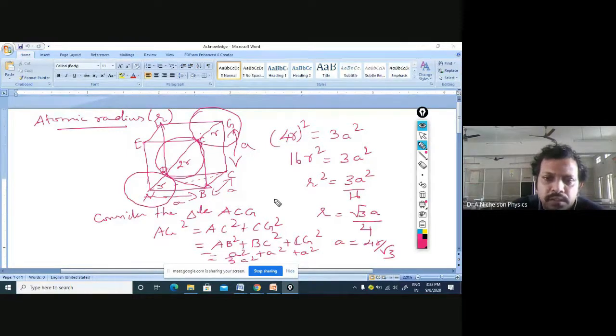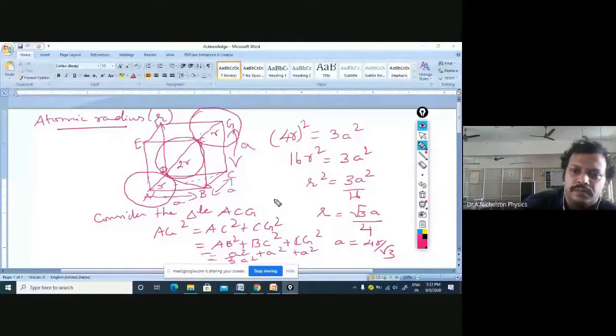Now I am giving an assignment. In the next class you have to say what the atomic packing factor of this is. I will tell you the formula. APF is equal to small v by capital V, that is the volume of the total number of atoms present in the unit cell divided by the volume of the unit cell. How many atoms are there here? 2. So total number of atoms is 2.